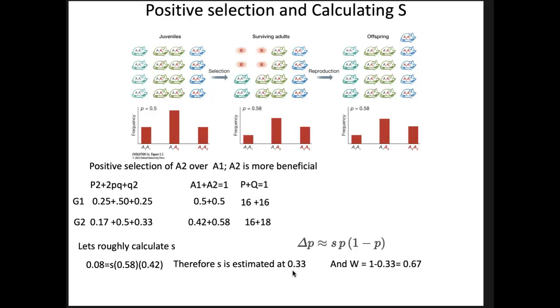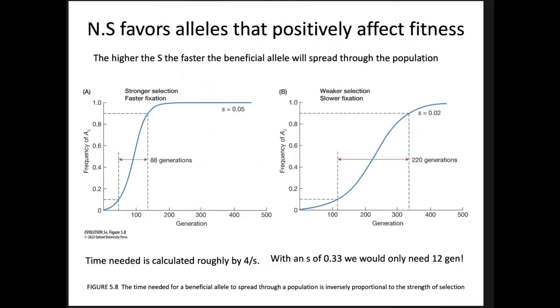This is going to be the relative fitness of the individuals that have the A2 allele. So let's look at what that means for the impact of positive selection in this scenario, and the selection coefficient, and how that impacts how an allele gets fixed in a population.